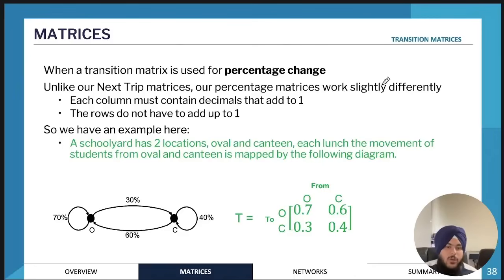Okay, so this is the sort of transition matrix that we would use. It's mostly used for things like populations and other types of changes, to predict the change in the future.